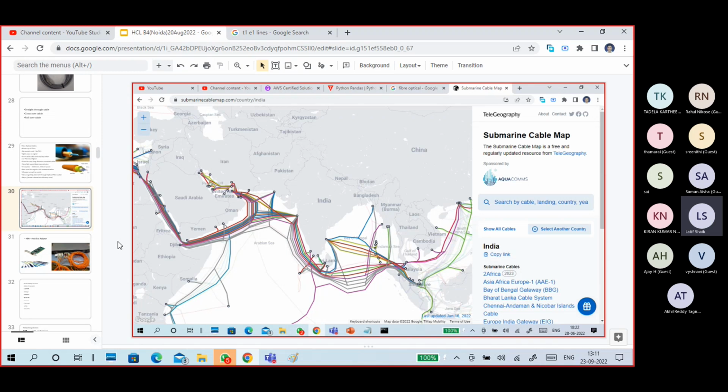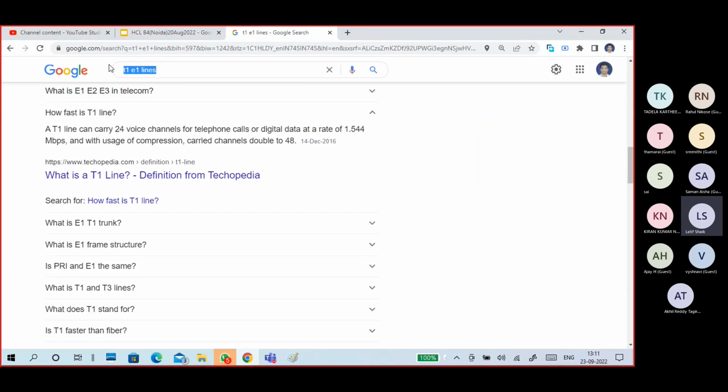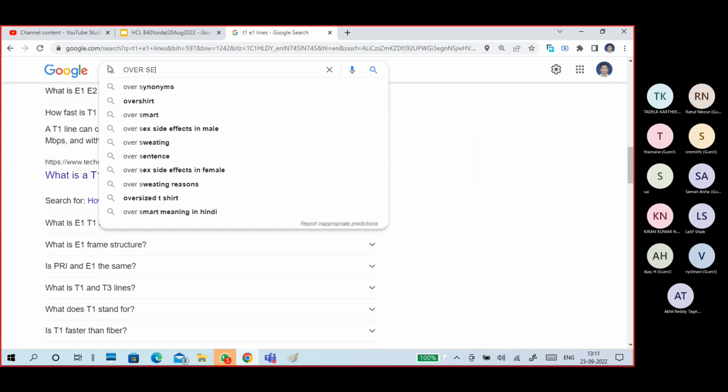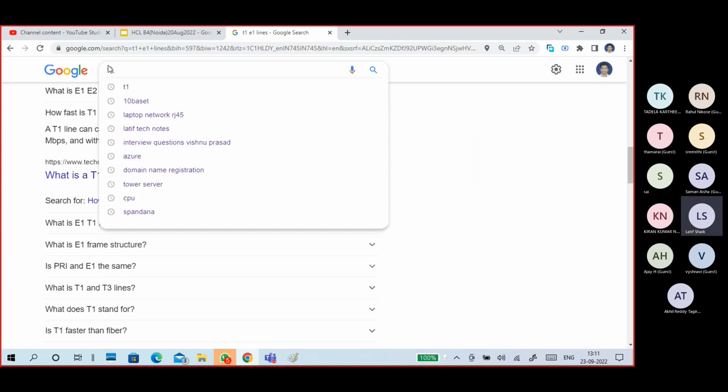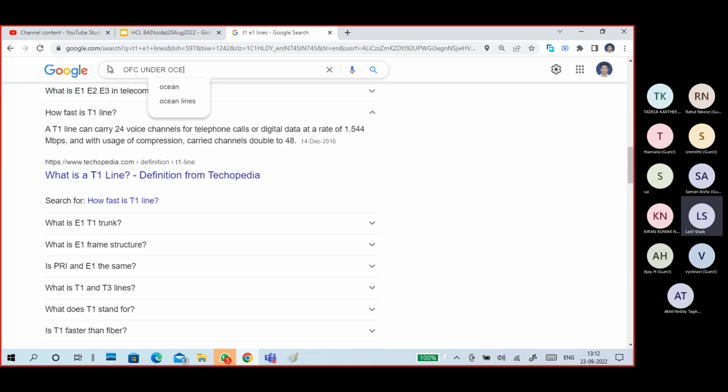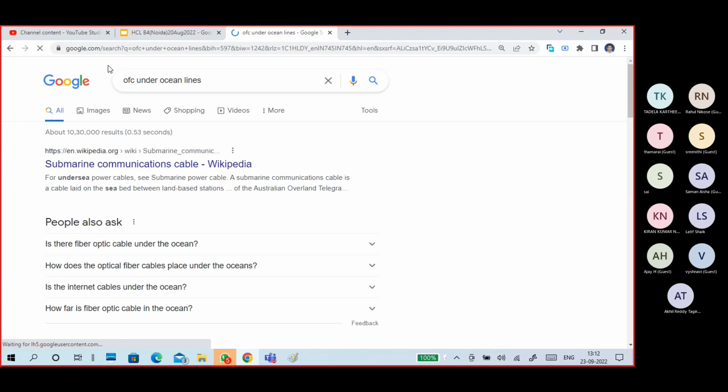So we are getting internet through overseas cables, and you can also type in Google something like OFC under ocean, anything like that.